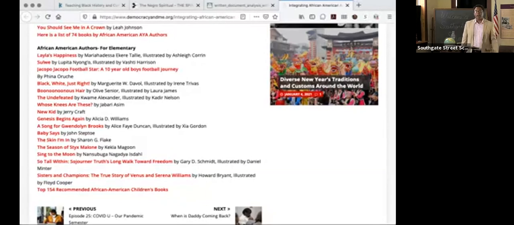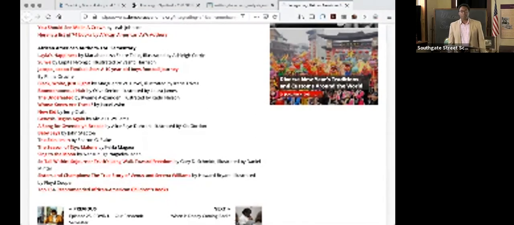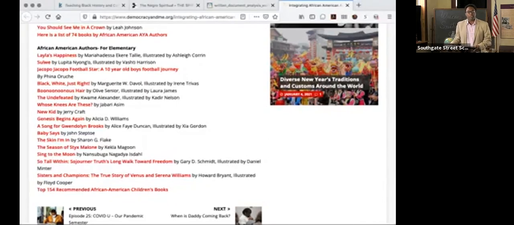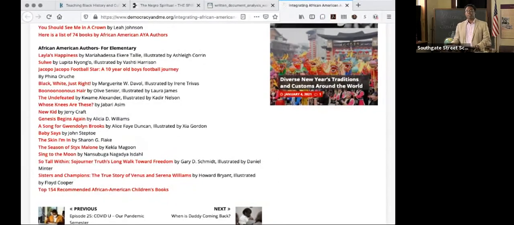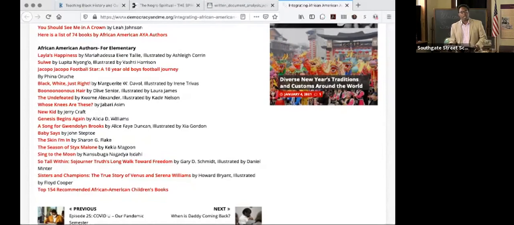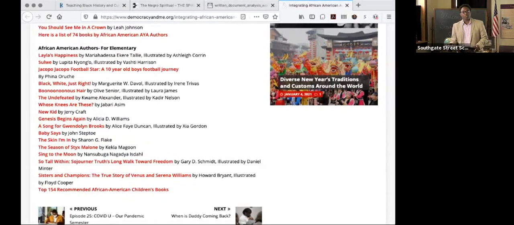And notice that all the books are not about Martin Luther King and Rosa Parks and Harriet Tubman. But notice that you have various books here that teachers can use. And I always advocate, build your classroom library. Build your classroom library.